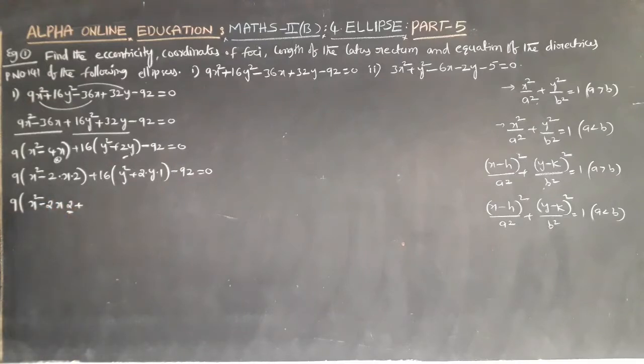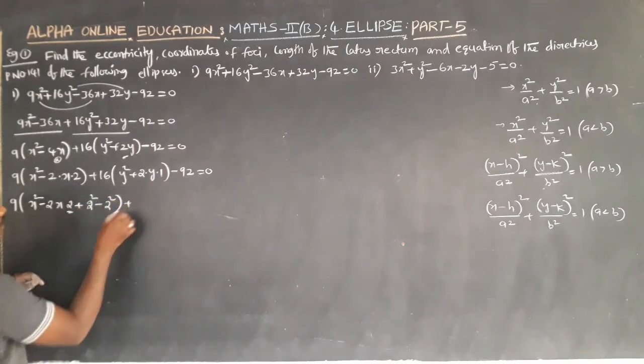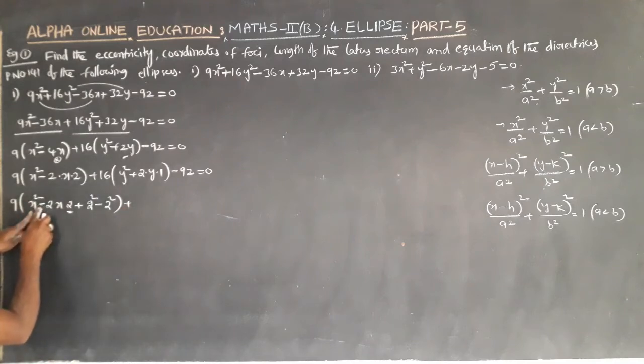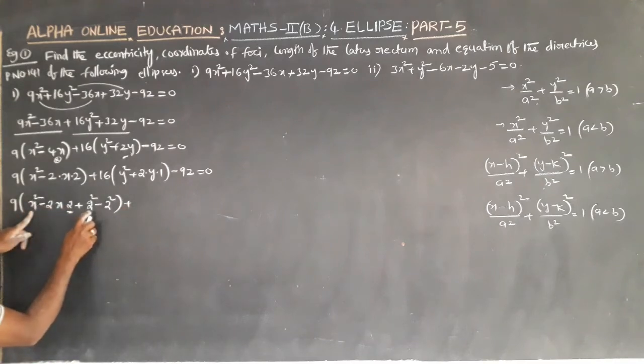Here b is equal to 2, so adding and subtracting 2 square. This is the form a square minus 2ab plus b square.